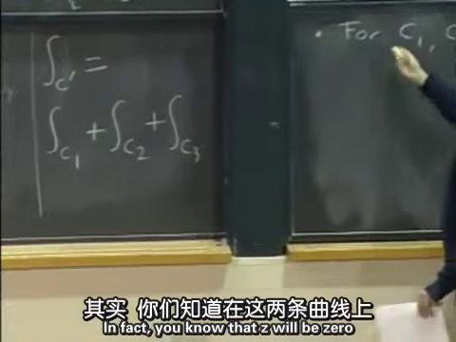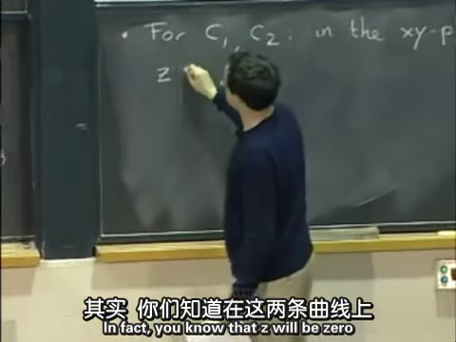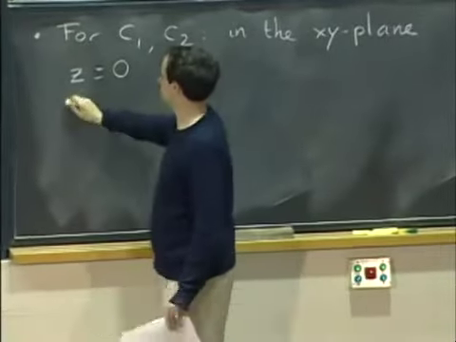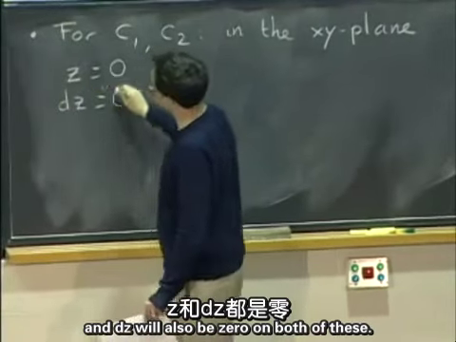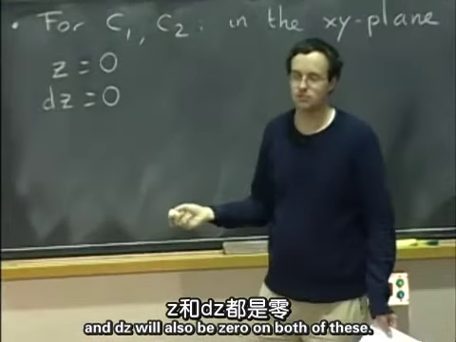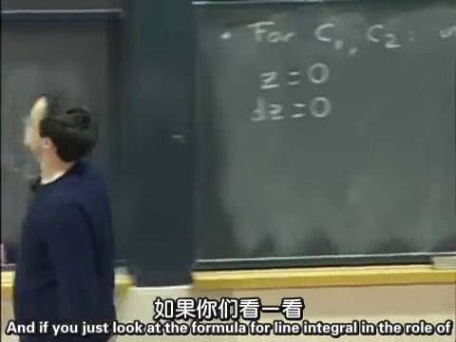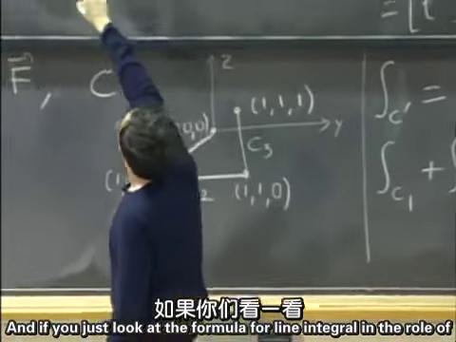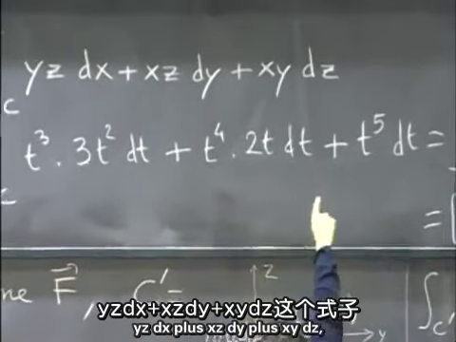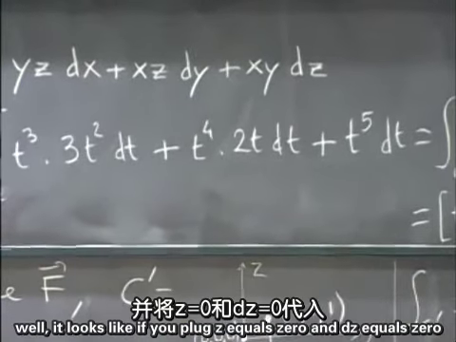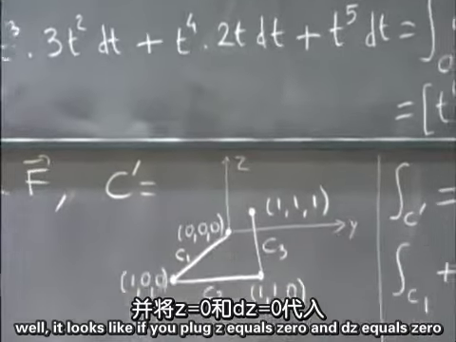So, in fact, you know that z will be 0, and dz will also be 0 on both of these. If you look at the formula for the line integral of yz dx plus xz dy plus xy dz, it looks like if you plug in z equals 0 and dz equals 0, you'll just get 0.